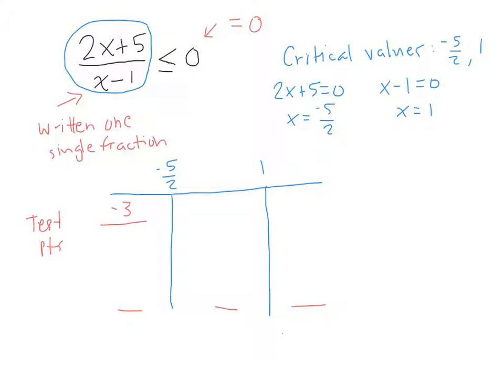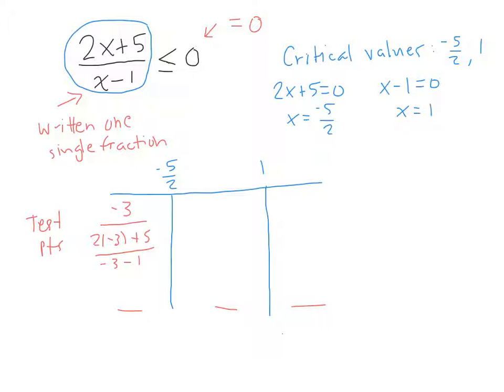Now again, we don't actually have to evaluate the actual number when we put negative 3 into our function, but we'll take a look at what it would look like. It would be 2 times negative 3 plus 5, divided by negative 3 minus 1.